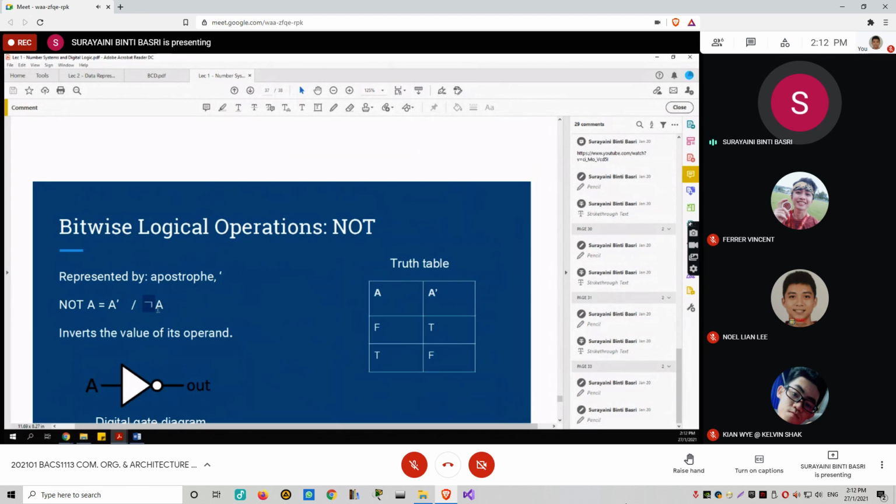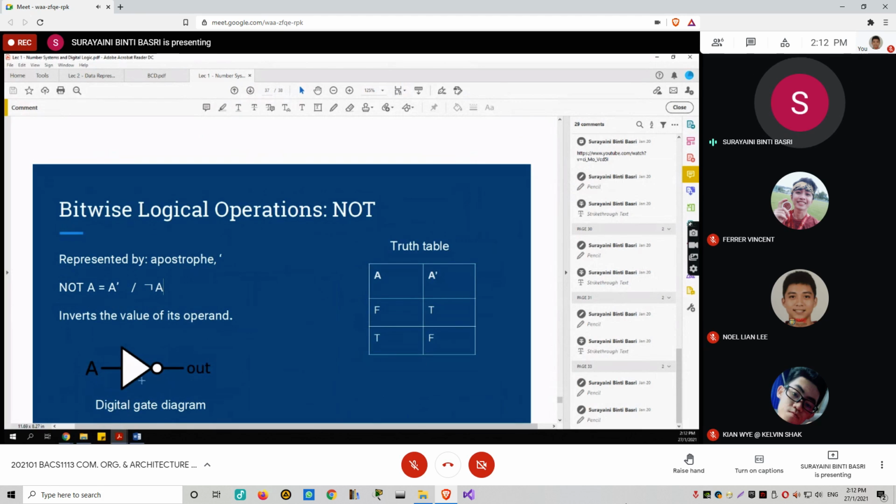I also don't know the name of this. So you guys remember, this one cannot. So for example, if not A, and the other one is C, then not A will be C. Okay, so this is the digital gate diagram for NOT.